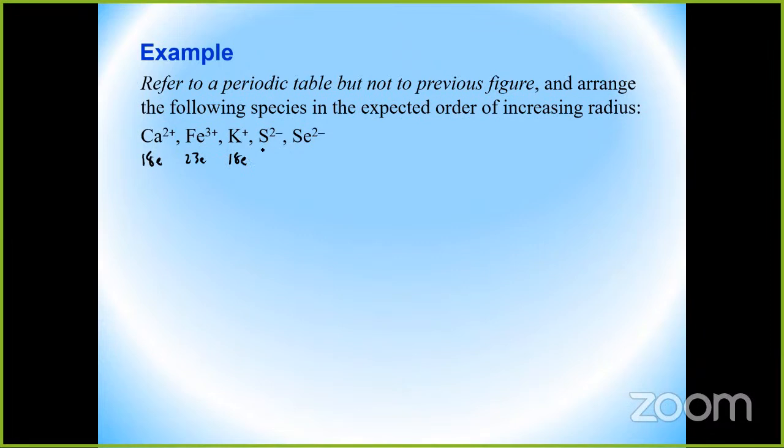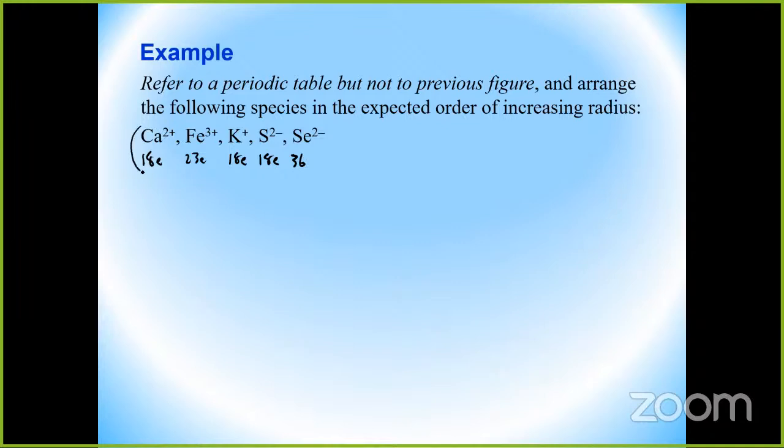The sulfide here, sulfur has an atomic number of 16, but it has a -2 charge, so that has 18 electrons here. And then selenide, selenium has an atomic number of what? 34. So this has 36 electrons, right?